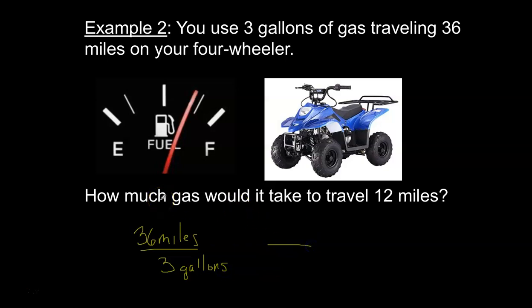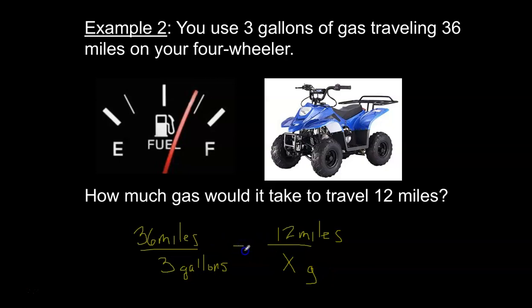And then the question asks, how much gas would it take to travel 12 miles? So in this example, we're trying to solve for the number of gallons of gas.